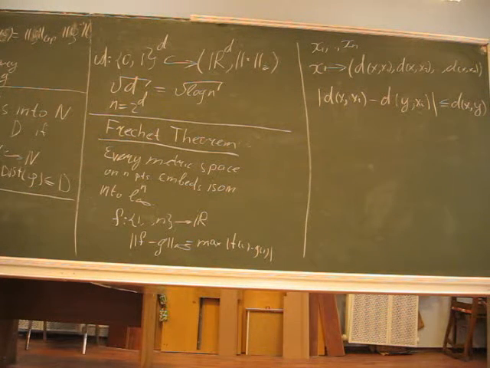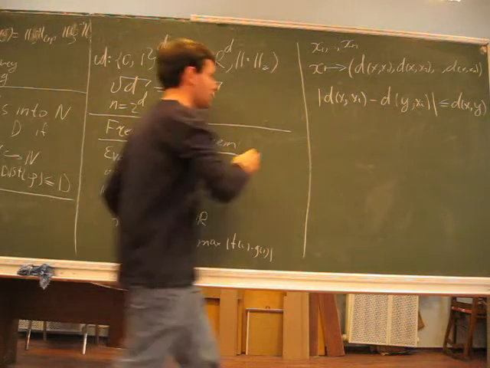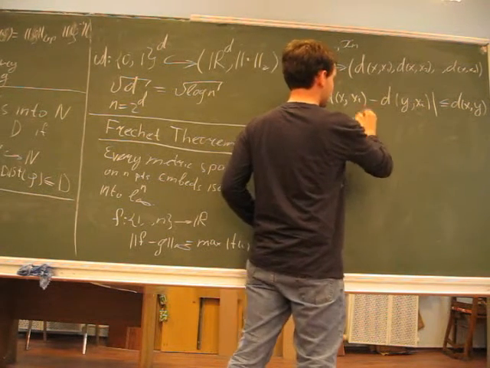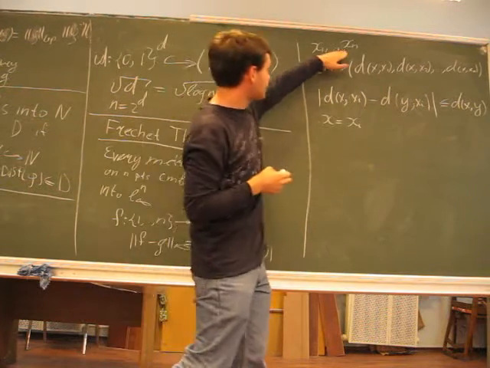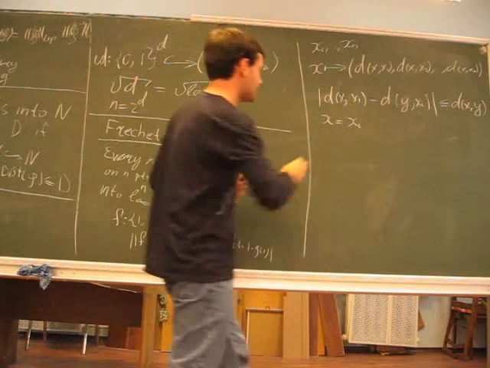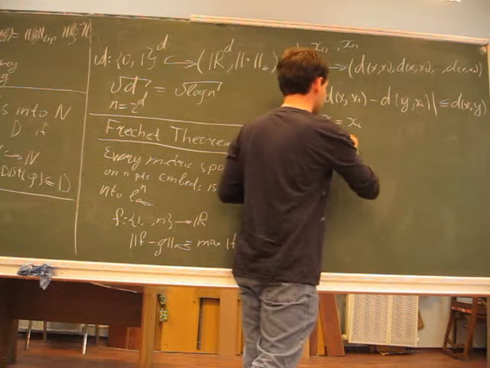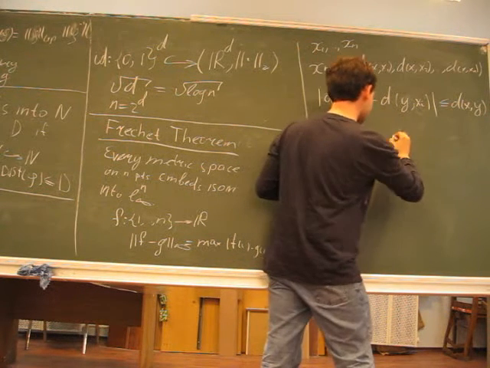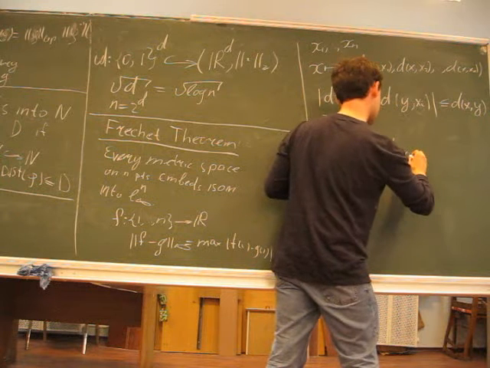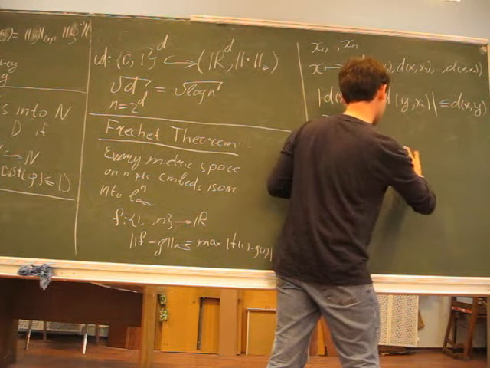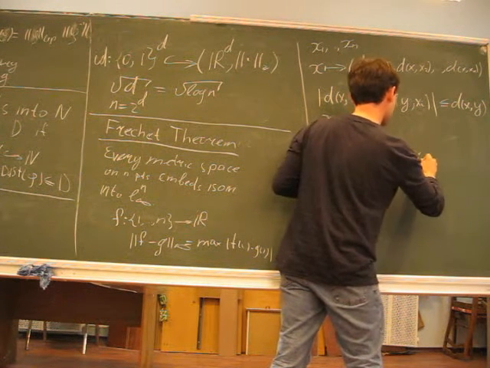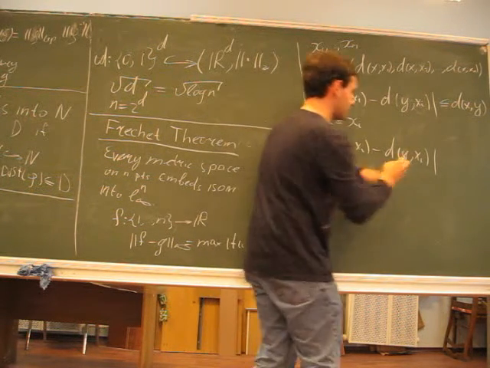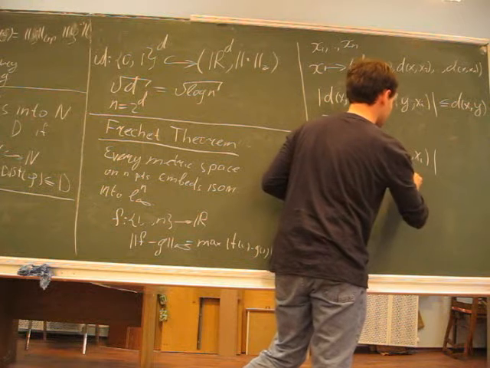Is it clear? Now, of course, let's say x is equal to some xi. Then at the i-th coordinate, this is just equal to 0, and this is just equal to the distance between x and y.